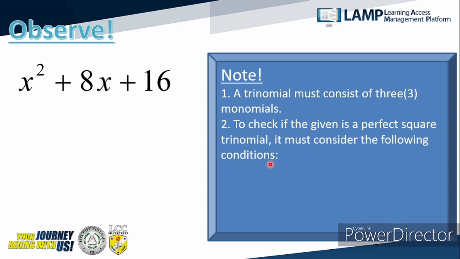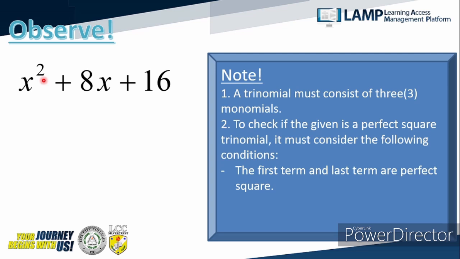What are those conditions? First, the first term and last term are both perfect squares. From our example, x squared is a perfect square. Why? Since we have a variable, the exponent must be the condition. To identify whether a variable is a perfect square, we use our exponent as the guide.